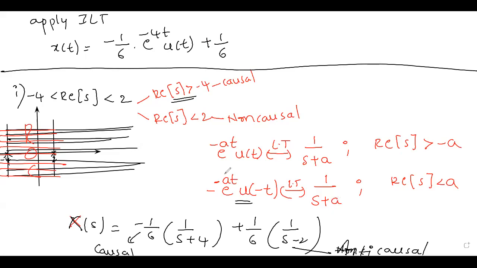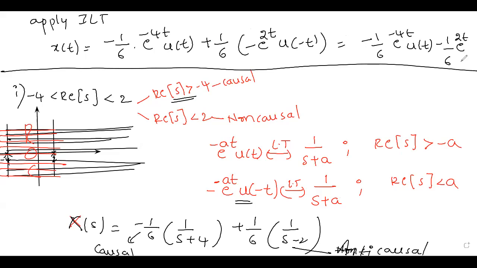In place of a, minus 2 if you write here, minus e power minus of minus 2 will change to plus 2, u of minus t. So our x of t here is minus 1 by 6 into e power minus 4t u of t, minus 1 by 6 into e power plus 2t into u of minus t. That is the inverse Laplace transform for the given function in this case.